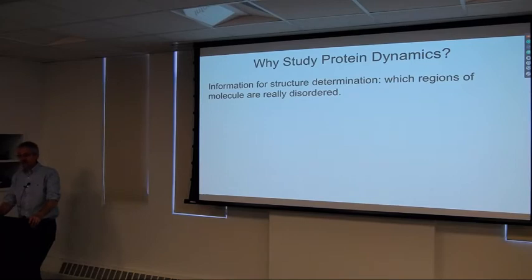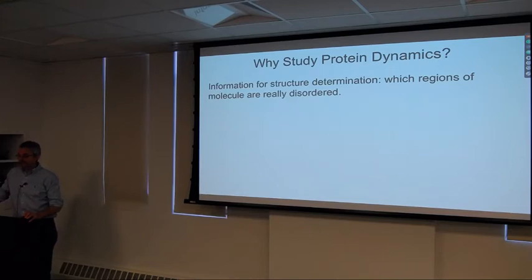So why do this? Probably next class we'll talk about structure determination, and one of the issues that comes up in structure determination when looking at the degree to which a given part of the structure agrees well between different calculations or different members of the ensemble.